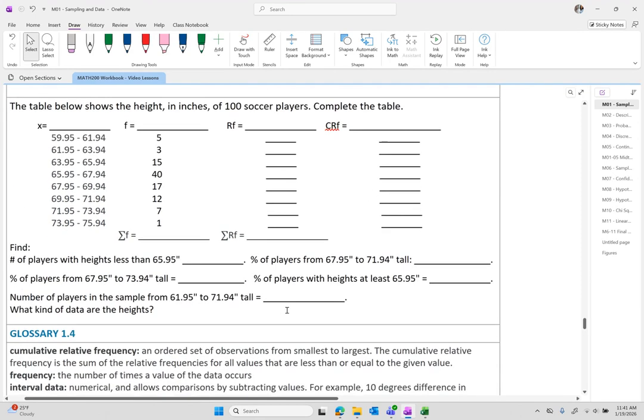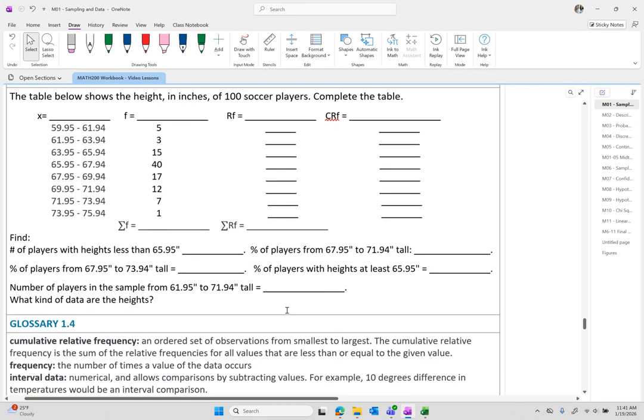We have another example here in our notes, and this is question 4 of project 1 for unit 1 of our OER statistics course. The table shows the height in inches of 100 soccer players.